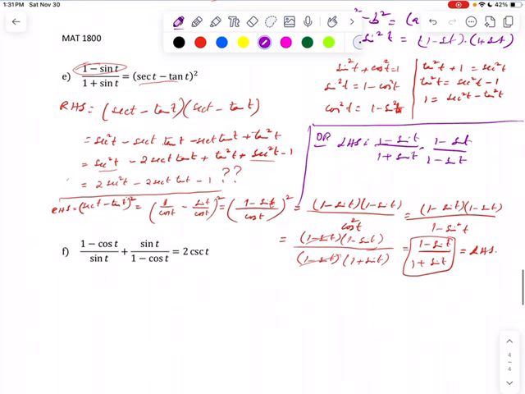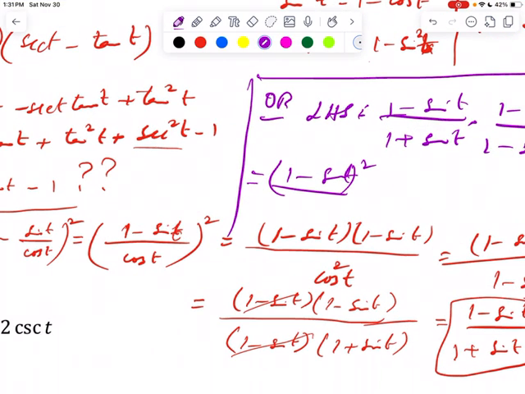So the top becomes 1 minus sine t whole squared, and the bottom becomes 1 minus sine square t, which is equal to cosine square t. So it is 1 minus sine t whole squared divided by cosine square t, which can be written as 1 minus sine t over cosine t whole squared.